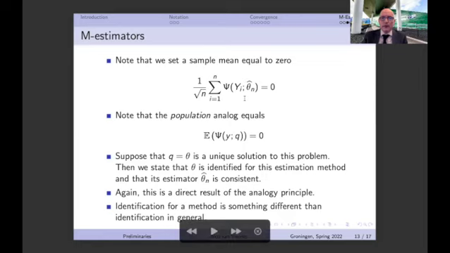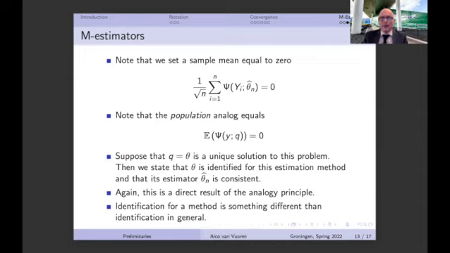Well, for that we can say first of all that at the moment that we look at the left hand side, this looks like a simple mean. It's almost already a simple mean. The only thing that we need to do is multiply this by 1 over the square root of n, and that's of course no problem, because then this is still going to be equal to 0.